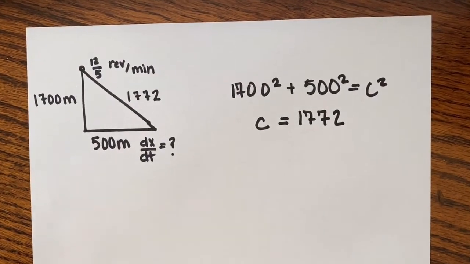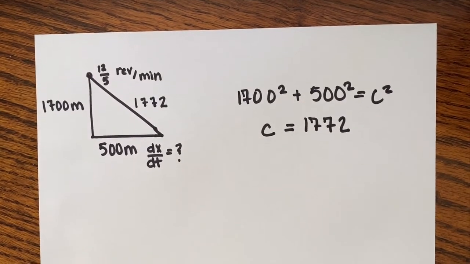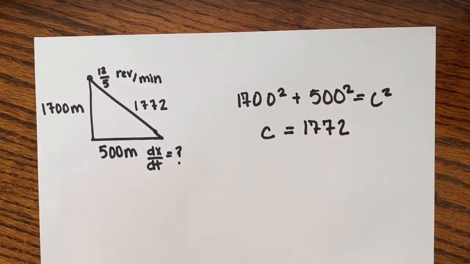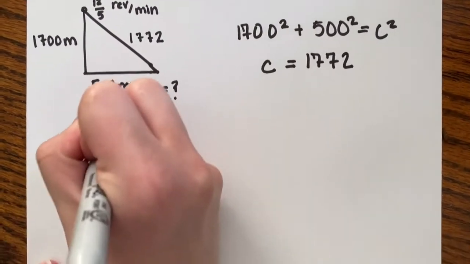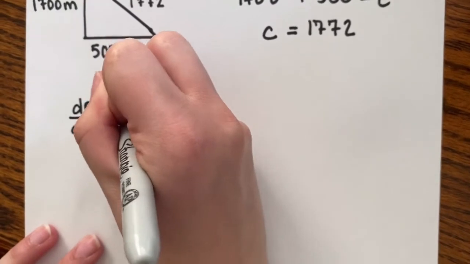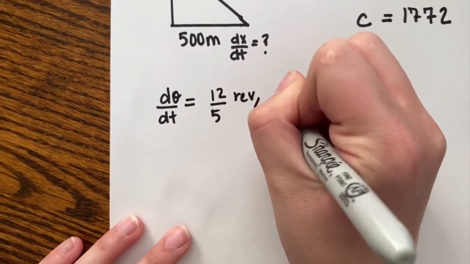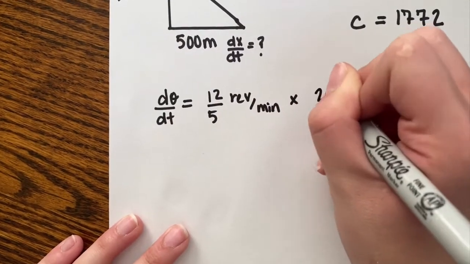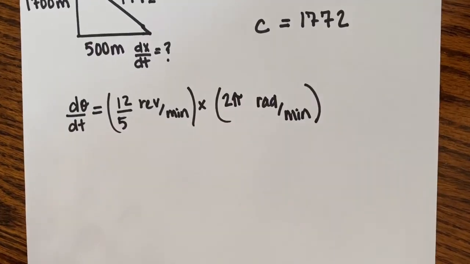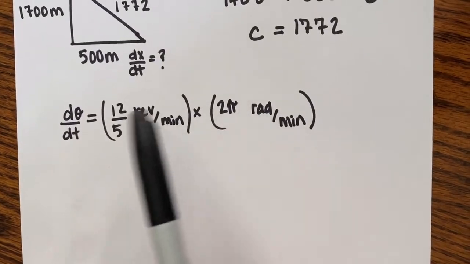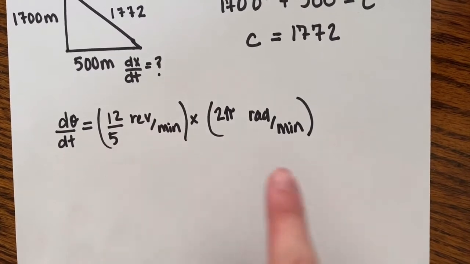Next, you know that you're going to need to use theta instead of revolutions per minute. So, in order to solve for d theta, you're going to do d theta over dt is equal to 12 over 5 revolutions per minute times 2 pi radians. The reason we're using radians here instead of anything else is because you can't plug revolutions per minute into your calculator.